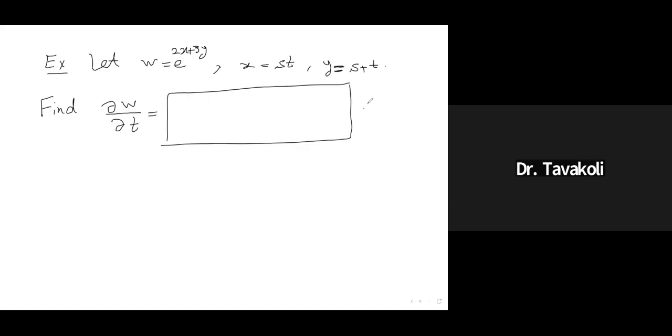So please try this on your own before watching my solution. So using the chain rule, this equals partial derivative of w with respect to x times partial derivative of x with respect to t plus partial derivative of w with respect to y times partial derivative of y with respect to t.